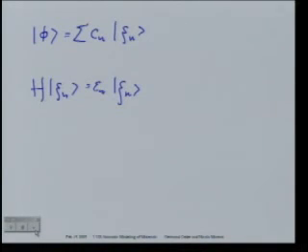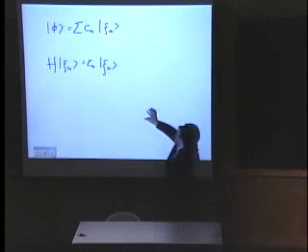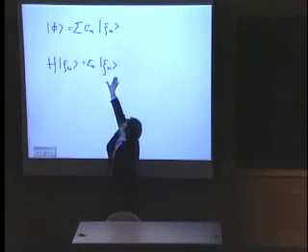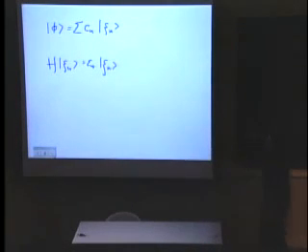And the set of solutions of a Hamiltonian are actually in themselves a complete orthonormal set. So we use that complete orthonormal set to expand our wave function as a linear combination of these eigenvectors.